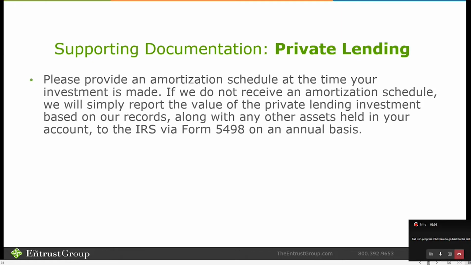So if you lend out $100,000 and you do not provide an amortization schedule, every time we receive payments coming in, we will assume that is simply interest and continue to show the note at the same $100,000 value. If you want to change that value, you would need to complete our fair market valuation form and provide supporting documentation or a third-party signature, such as the borrower, to update the value.